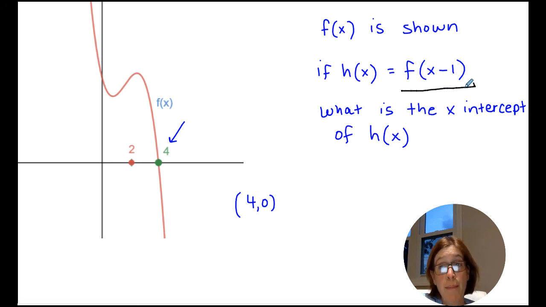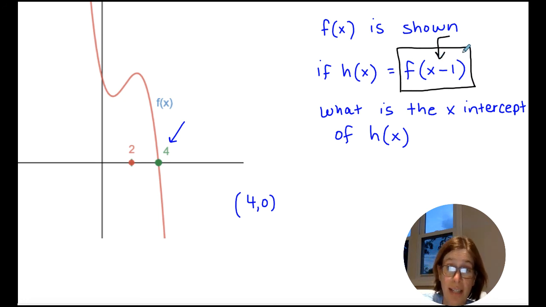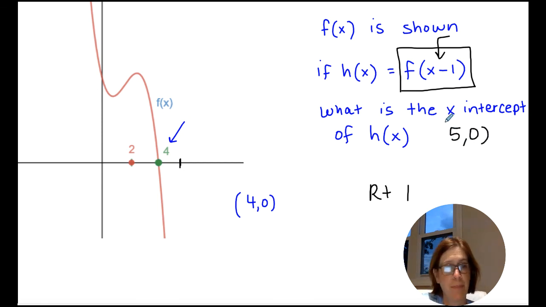We just have to remember what that means. That's on the inside of the function, so it's always going to shift it left or right, but in the opposite direction. So this is going to be shifting that point right 1. So h of x's x-intercept would then be 5, 0.